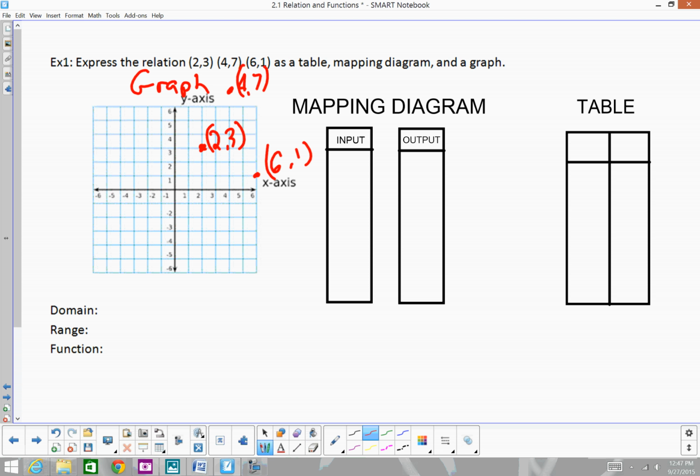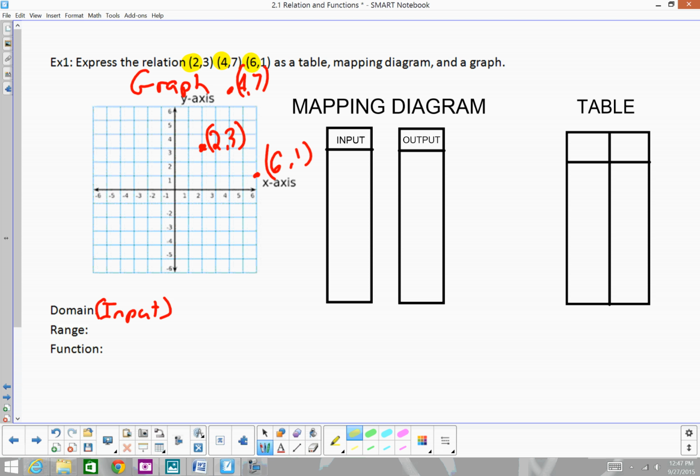You might not have heard of a mapping diagram before, or you might have seen it before. A mapping diagram, all I'm going to do is list my input values. When I talk about my input values, another name for those would be my domain. So when I talk about my domain, I'm talking about my first set, the 2, 4, and 6.